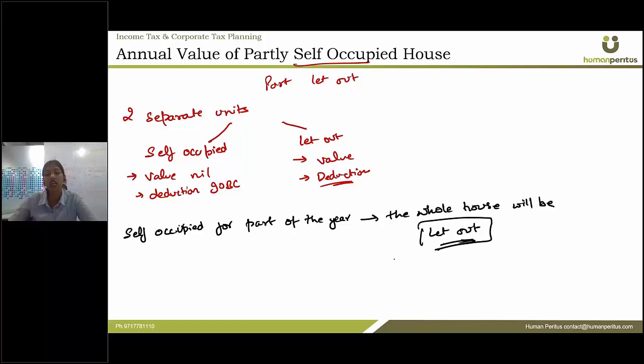So that means this method is applicable only if the house was self-occupied for the full year, and if it is for part of the year, then we assume it as let out. Accordingly we calculate GAV, deduct municipal taxes, calculate net annual value, deduct deductions under section 24 and then we get the income from house property. Is this clear?